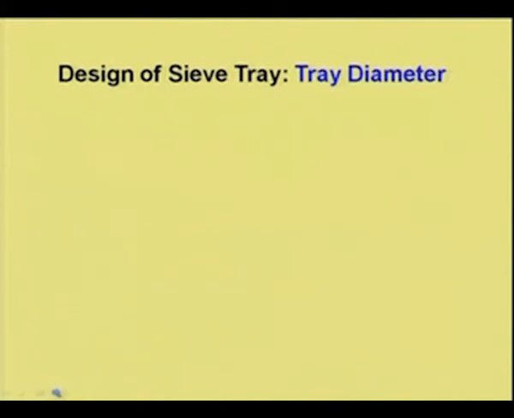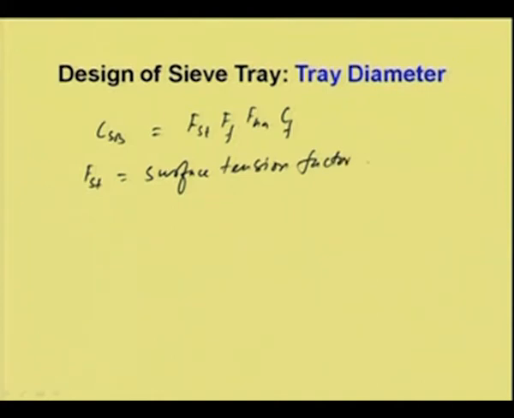So this C_SB, the empirical constant, we can calculate: C_SB is equal to F_ST, capital F, H_A and C_F, where F_ST is the surface tension factor, which is equal to (sigma_L divided by 20) to the power 0.2.